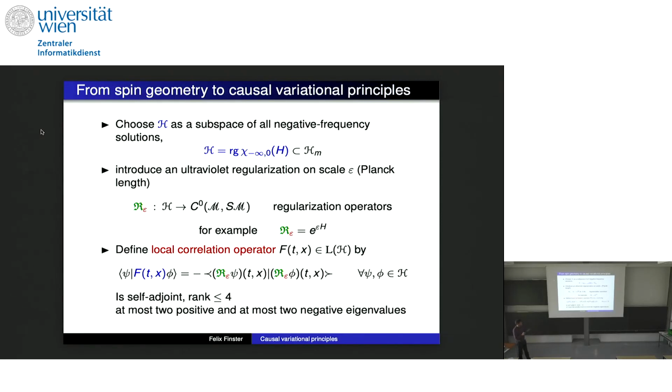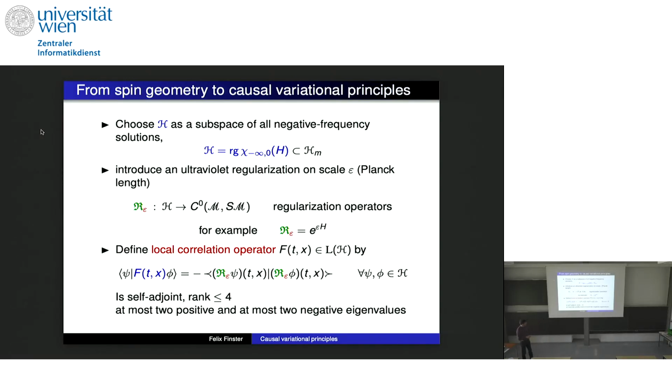So let's just take all the negative energy solutions. Next, we need to introduce a regularization operator, which smears things on a small scale. And in this example here, we can just take the operator e to the epsilon h, where since you only consider the negative spectrum, this is something which really decays. So it gives us a kind of smooth cutoff for high energies.